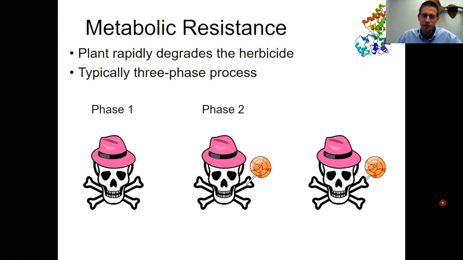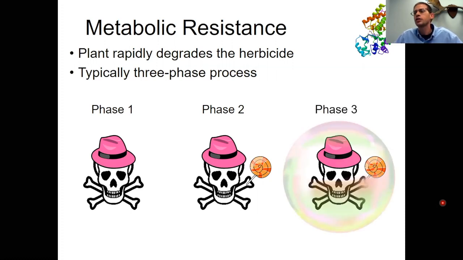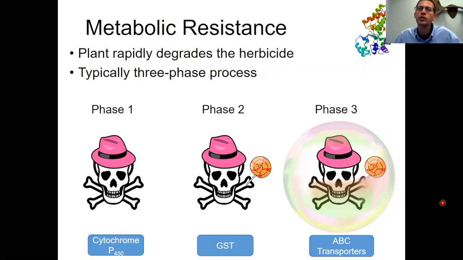And phase three occurs when that herbicide is transported into a vacuole or outside the intracellular space. Each of these phases is mediated by a particular enzyme, for example, the cytochrome P450 for phase one, GST for phase two, and ABC transporters for phase three.